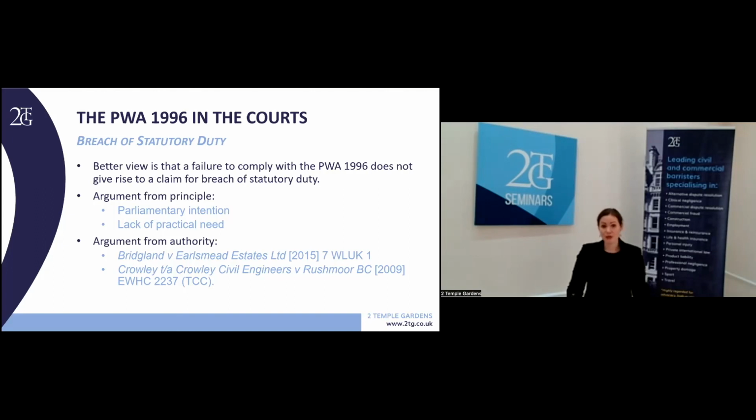Further, and with respect to the learned judge in Crowley, the analysis in that case is brief, it's entirely inconsistent, and in my view, it's really quite unpersuasive. And it's not just me that thinks this; it's the second reason why His Honour Judge Grant refused to follow it in Bridgeland. So those factors, I think, open the door to arguments being made about the availability of a breach of statutory duty claim, whichever way you want to argue it.